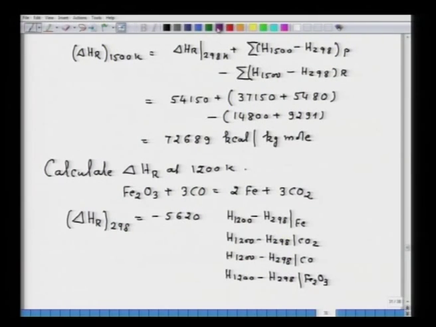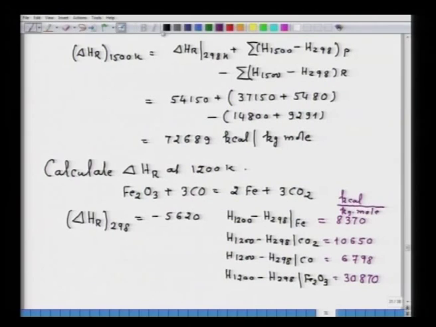So, let me give you these values. This is equal to 8370, the units being kilocalorie per kg mole. For CO2, 10,650, this is 6,798, this is 30,870.